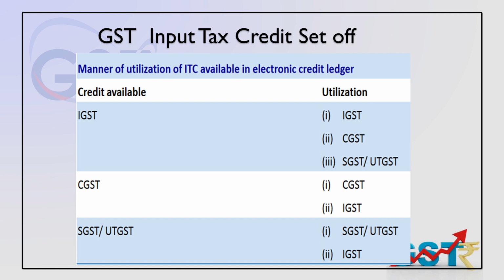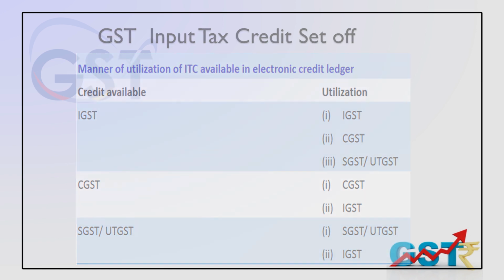People who have a continuation of the business can carry forward their ongoing unadjusted GST, VAT, service tax and central excise credit to the GST era. That concept is called the transitional credit mechanism.